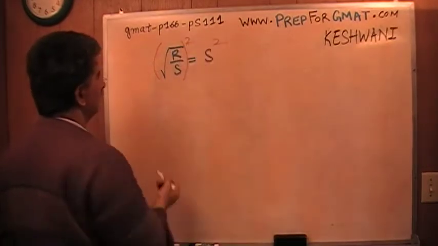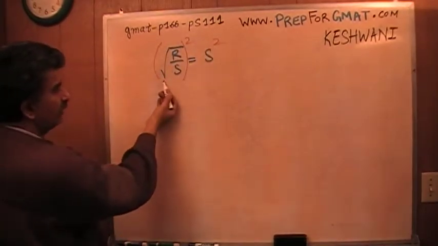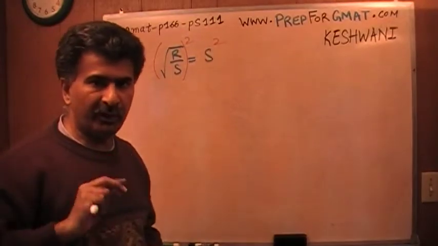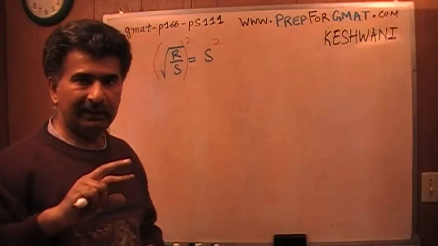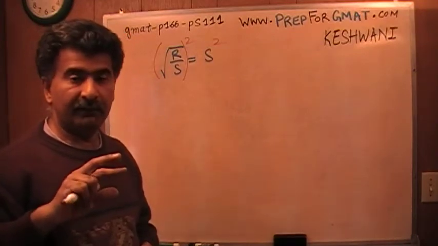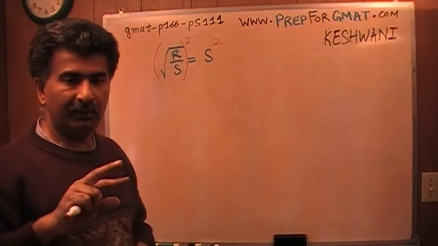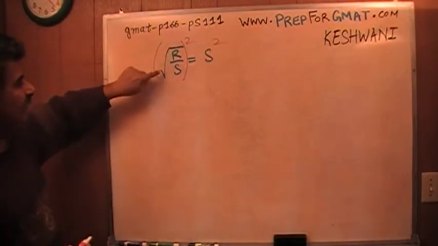Square both sides, and as soon as you square both sides, I hope that you're able to see that it gets rid of the square root sign. Because taking the square root of a number is the inverse of taking the square. Just like addition is the opposite of subtraction and division is the opposite of multiplication, similarly, taking the square of something is the opposite of square root.